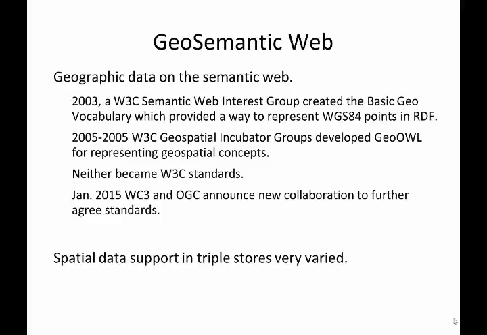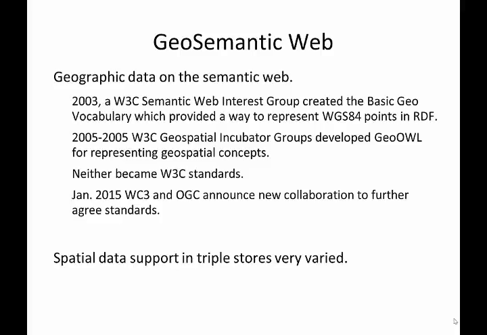Probably going to be 2003 to 2005, they started working on GeoOWL for representing geospatial concepts. So GeoOWL would include concepts like within, topology, topology constraints and things like that, connected to, must be adjacent to, all those kinds of relationships that we're used to. But neither became W3C standards.